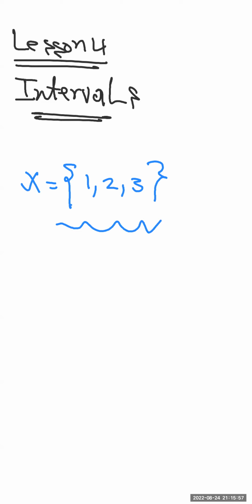Before, we studied sets. If there is a set X and this set equals the elements, for example, 1, 2, and 3, simply, guys, this means this set only consists of 3 elements: 1, 2, 3.